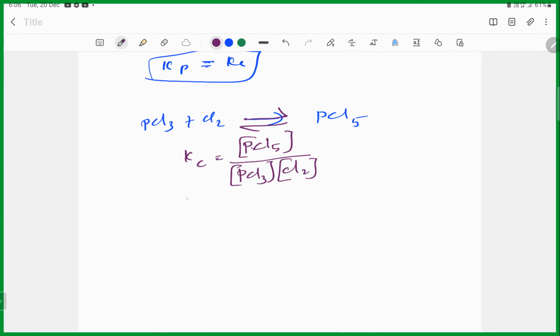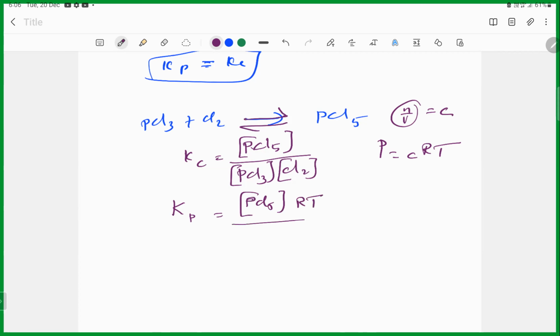Now you have to write in the partial pressure for Kp. You know that P is equal to C into RT, because n by V involves the concentration term, that is C. So PCl5 concentration into RT, for PCl3 then RT, and Cl2 into RT. One RT, one RT cancel.